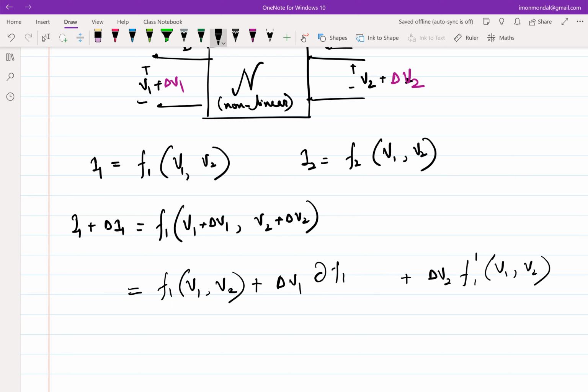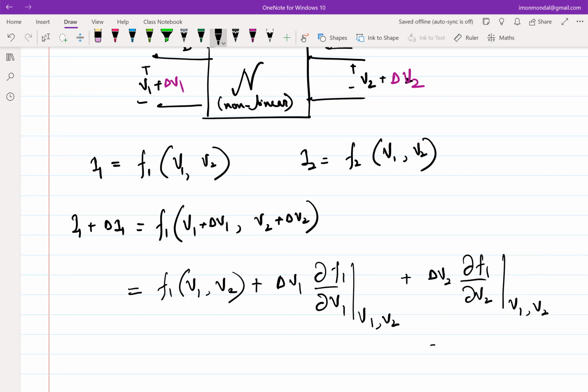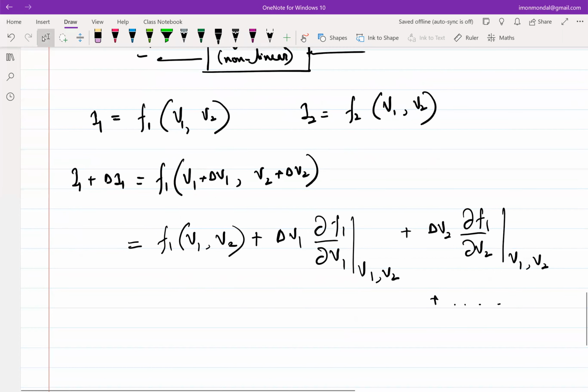So this will be del F1 by del V1 around V1, V2, and this will be del F1 by del V2 around V1, V2. And you will have a bunch of other square terms, and so on. We have dealt with this sufficiently to say that we'll keep our delta V's low enough to neglect those terms, right? Now, what is the next step?